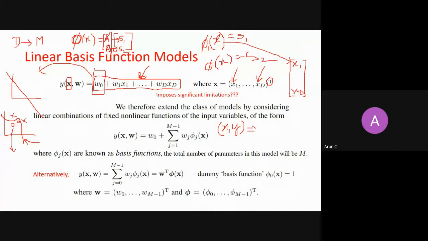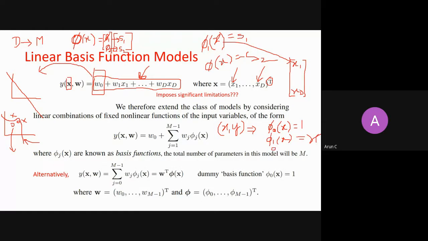You feed x to different basis functions, and these basis functions are polynomial type. You first derive your first basis function phi 0, and you feed your x to it. It will give you 1, right? Then you take your second basis function phi 1, you feed your x to it, and it will give you x only, right?